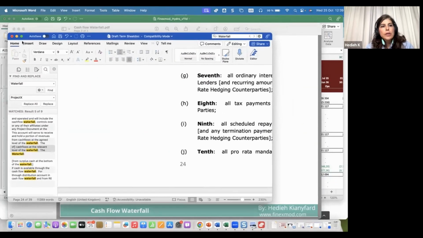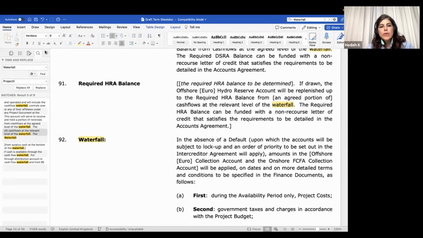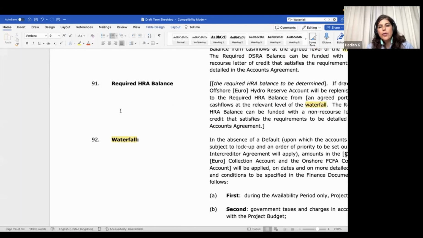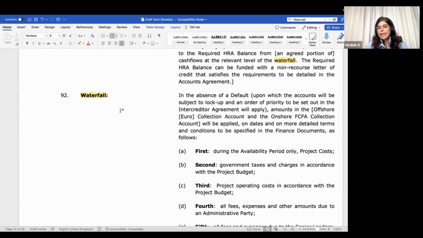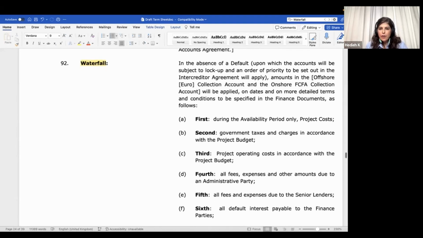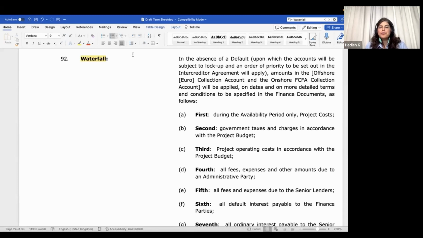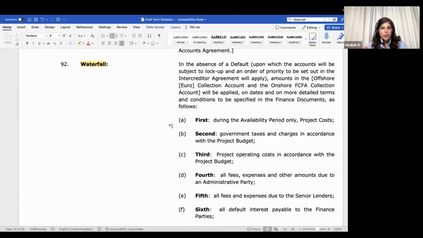So for example, in this term sheet that is coming from a real contract, you see that we have a section where, in the agreement, they are talking about the definitions. So they really define the ranking of each cash out item in this cash flow waterfall. For this example, and it's a very good example, I think, first of all, we have all these different project accounts, right?